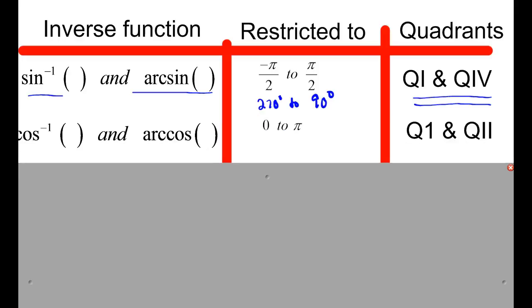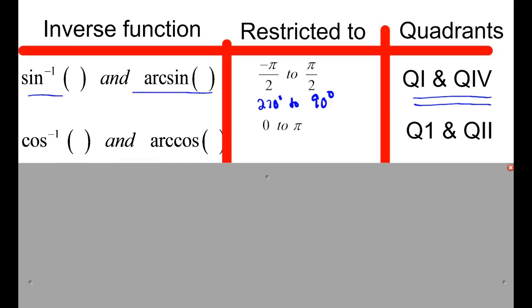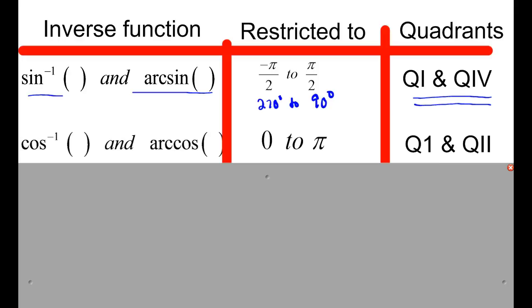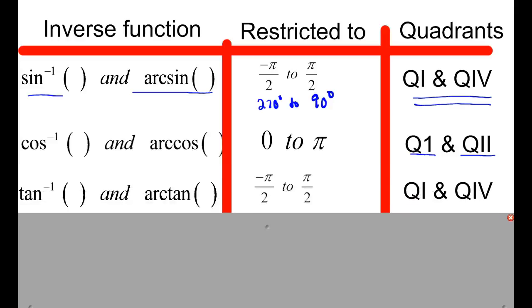Next one, we've got inverse cosine. Inverse cosine is the same as arc cosine. They mean the same thing. We're going to restrict our answers to those angles that happen between 0 and pi. Well, 0 and pi are in quadrant 1 and quadrant 2, so our angles are going to be restricted to quadrant 1 and quadrant 2 for inverse cosine.